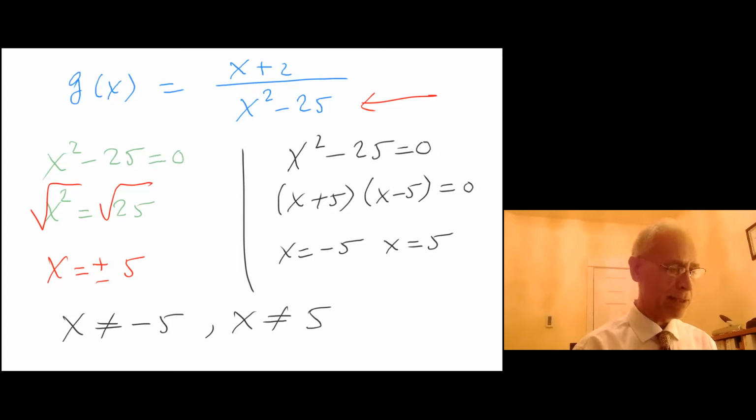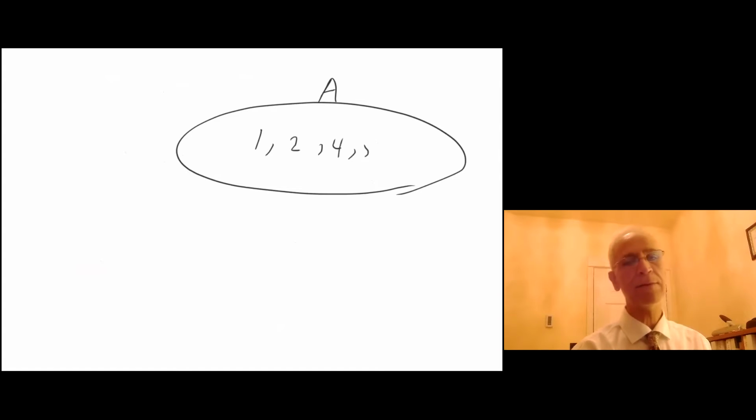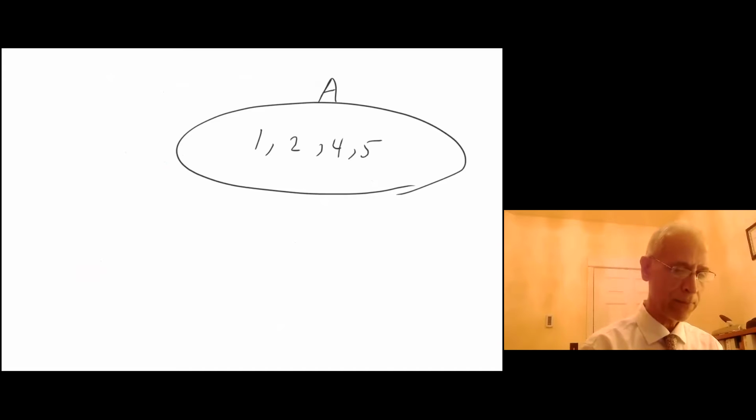The last thing that we talked about, I believe, was that, say you have a set. Let's call this set A. And this set has members 1, 2, 4, and 5. So these are the members of this set.